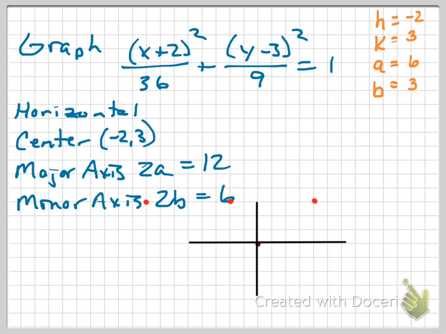That way I have a segment that is 12 units long from end to end. Horizontal, because it's a horizontal ellipse. Major axis. Or you could just think a is 6, so I'm going to go 6 each way from the center.